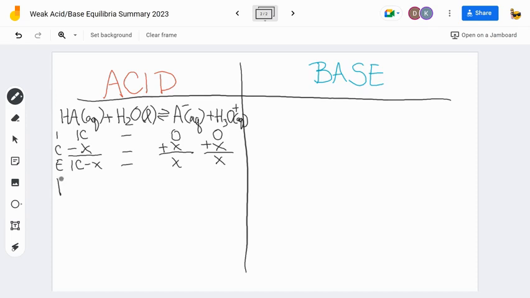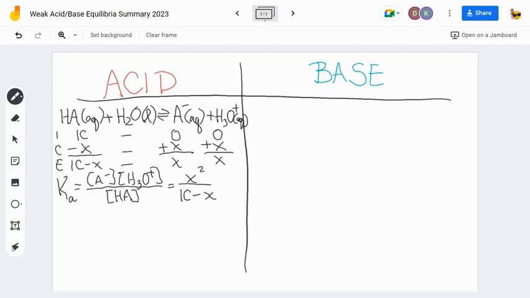So my Ka, or acid dissociation constant, is going to be brackets for the concentration of products over reactants. So the general form will be X for A minus, X for H3O plus, so X squared on the top, and initial concentration minus X on the bottom.